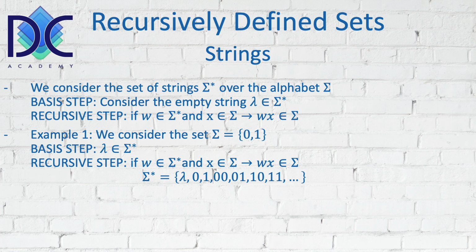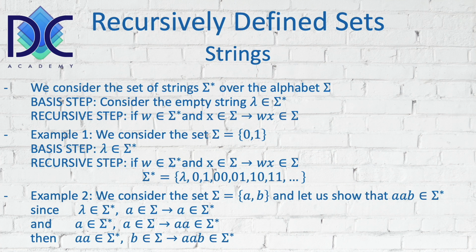Then 0 and 0 gives us 00. Then 0 and 1 gives us 01. Then 1 and 0 gives us 10. We have 1 and 1, which gives 11, and so on. So we continue building this set of strings based on numbers here, but we can consider them as strings too.